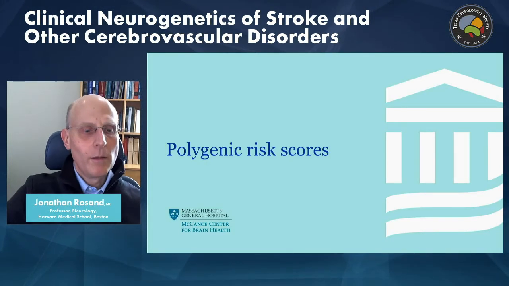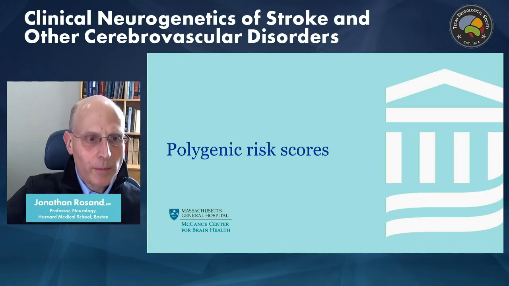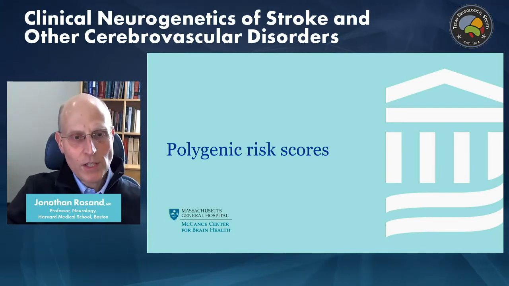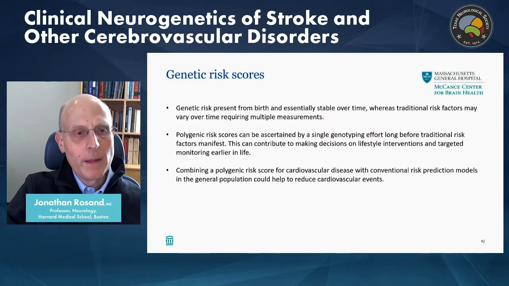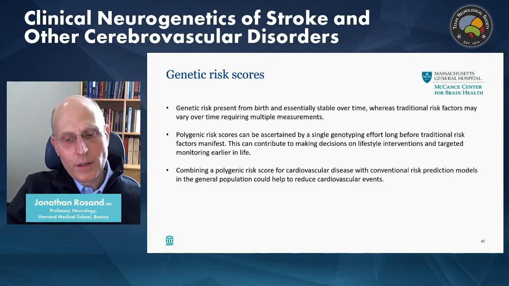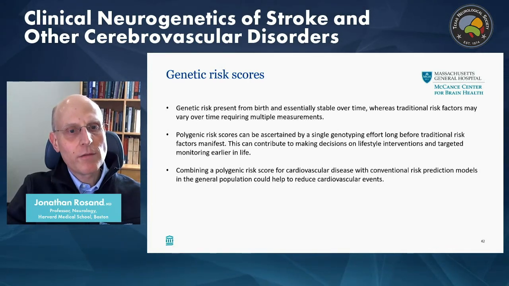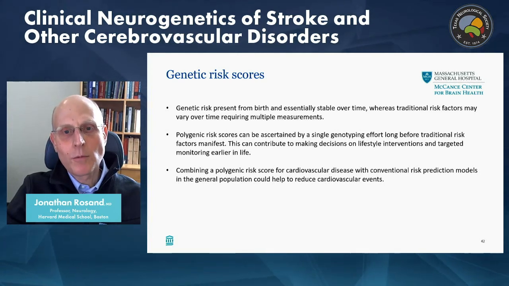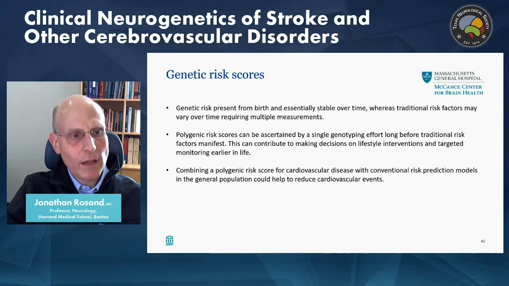I'm going to now move into risk prediction using all of the information across the genome. This is an area of great excitement in the field right now. These polygenic risk scores are appealing because genetic risk is present from birth and essentially stable over time. So you can make risk assessments early in someone's life, for example.